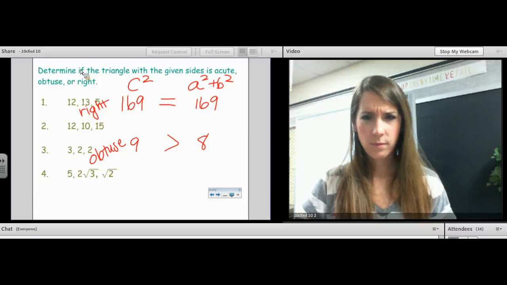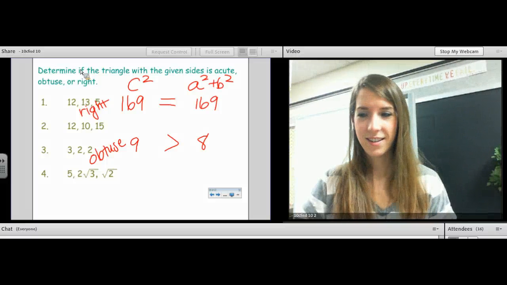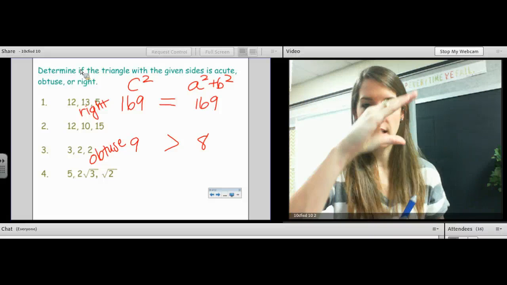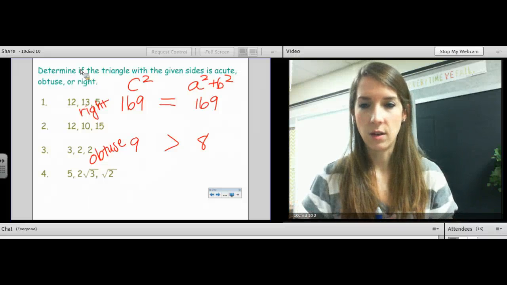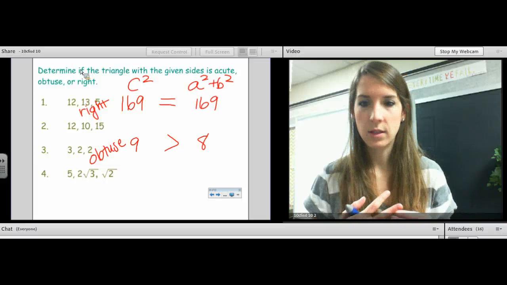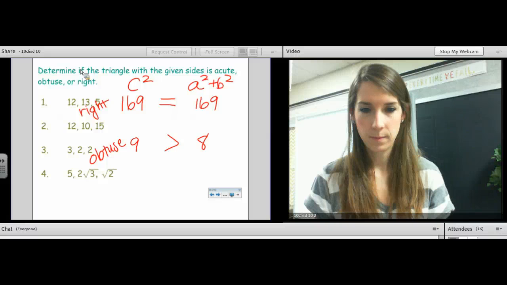Oh, you said acute? So if you see a greater than sign, it's obtuse. Greater than is obtuse, and less than is acute.